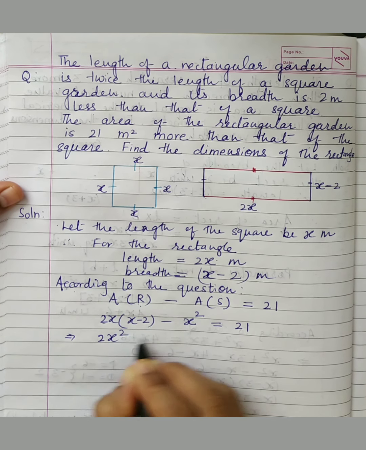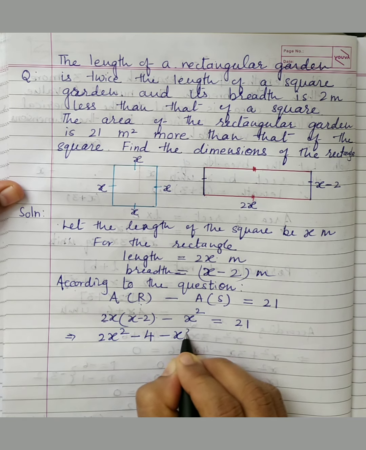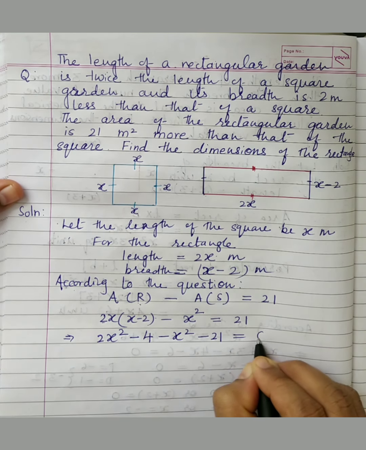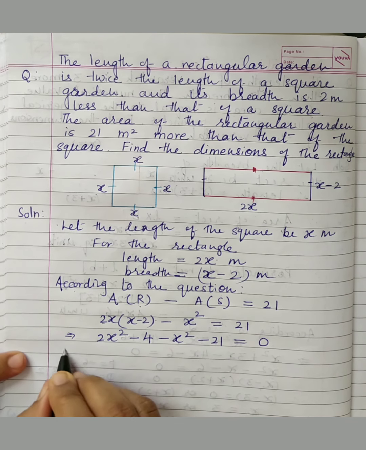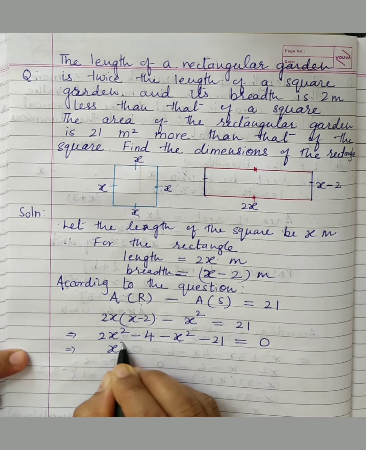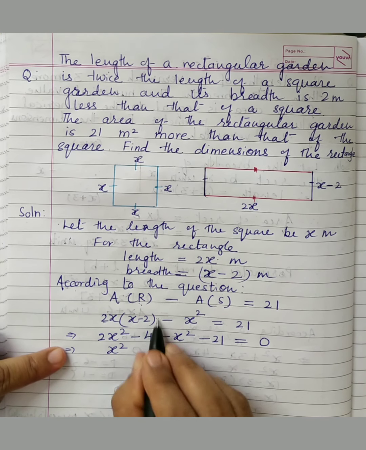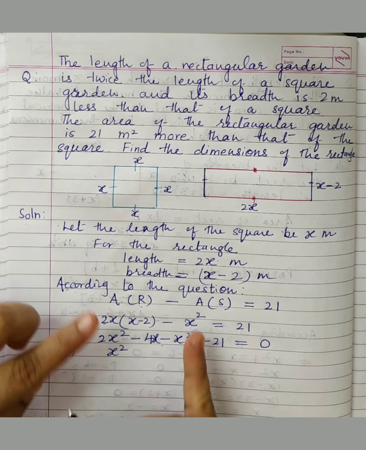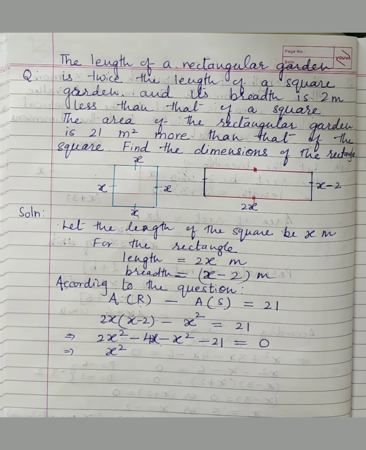2x square minus 2 2s are 4, minus x square, bring 21 this side, minus 21 equals 0. 2x square minus x square gives you x square, sorry, 2x into minus 2, what will it be? It may happen sometimes, but when you write the immediate next step, you can cross check and correct it.